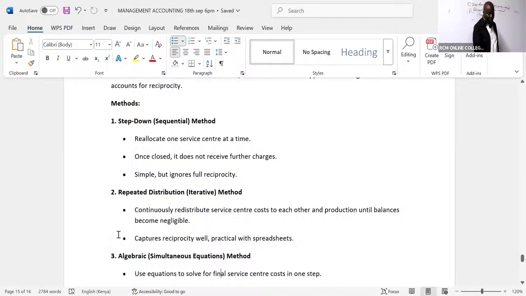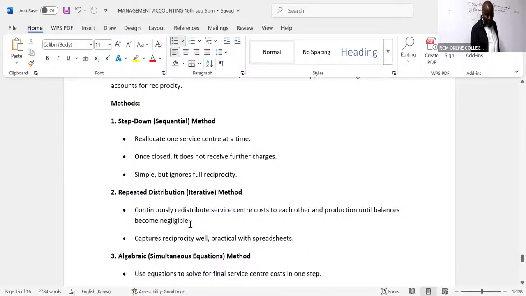It continuously redistributes service center costs to each other and the production until balances become negligible. It captures reciprocity very well.